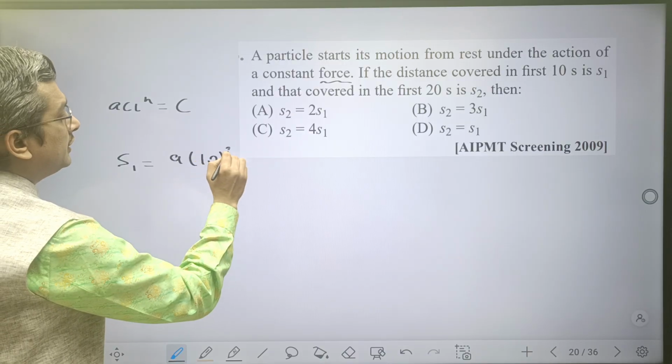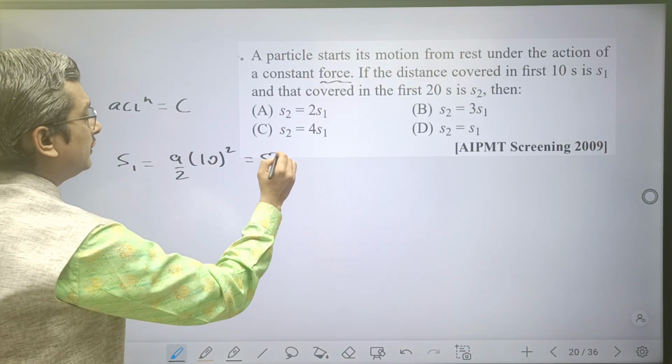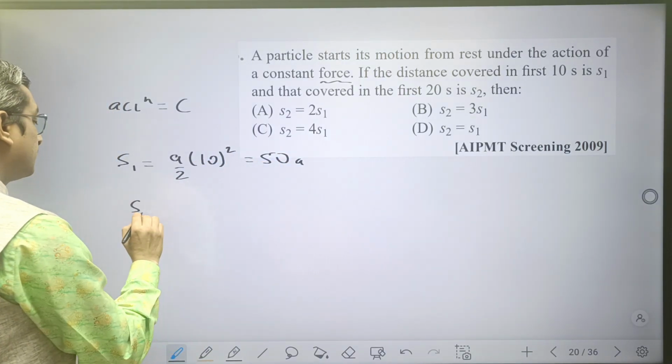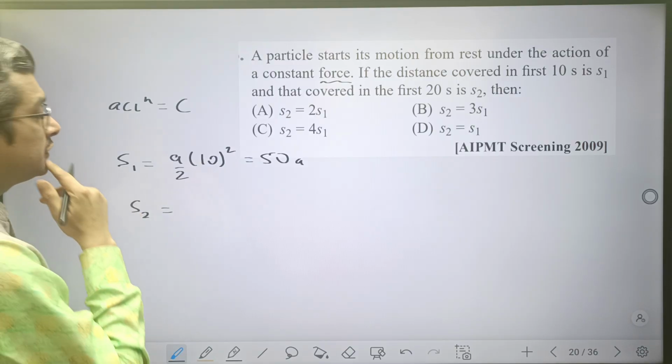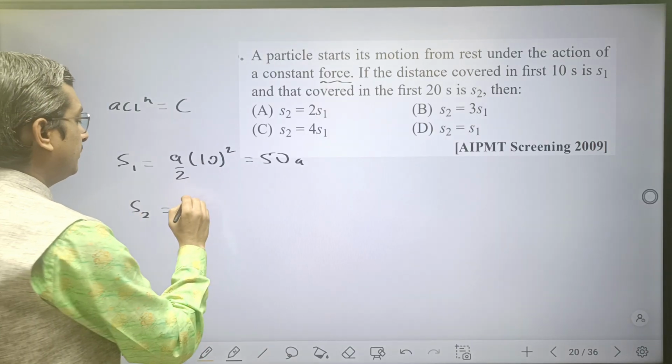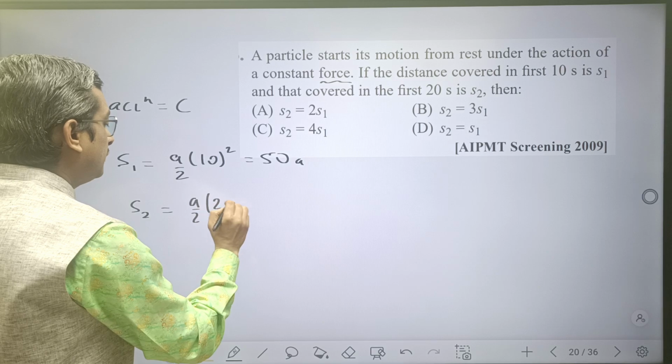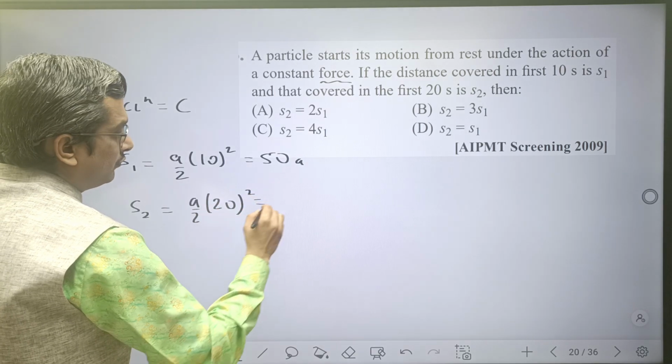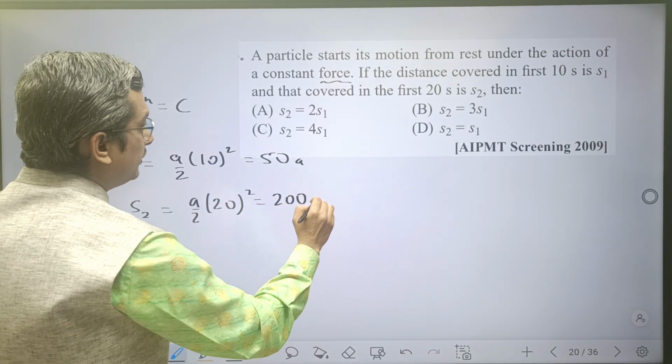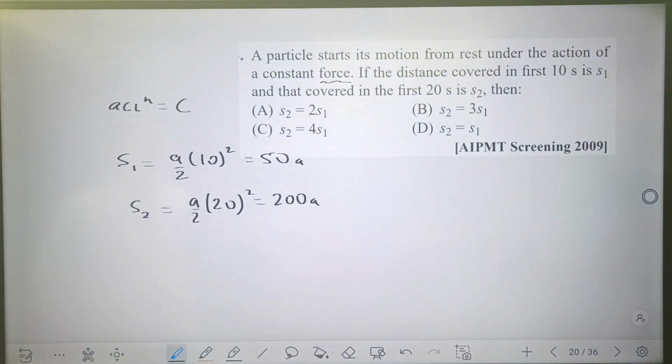So in the first 10 seconds, a into 10 square by 2, so this is 50a. Similarly, if you find the displacement in the first 20 seconds, this will be a by 2 into 20 square. So this will be 400 by 2, that is 200a, isn't it?